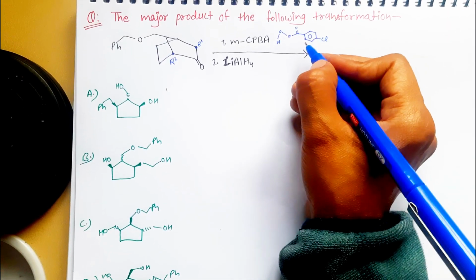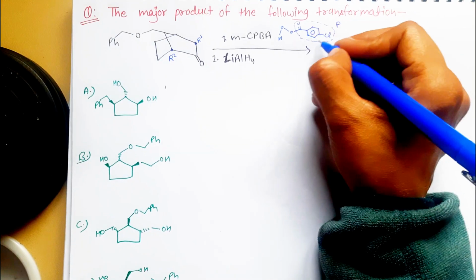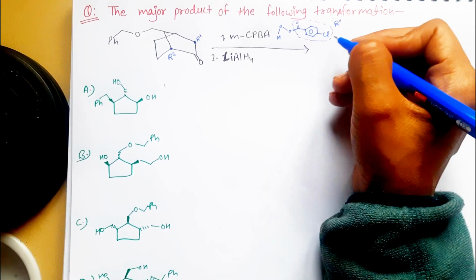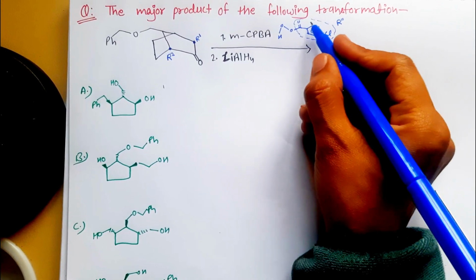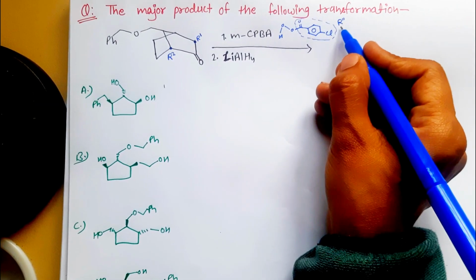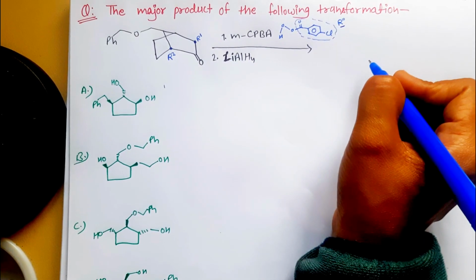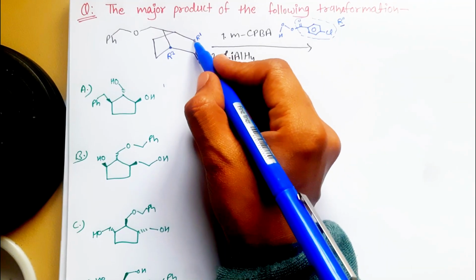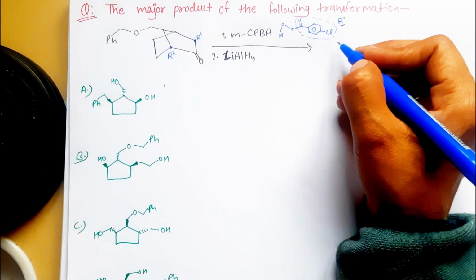It means it is metachloroperbenzoic acid. We represent this part with R double dash in our mechanism. So here let's start this mechanism.